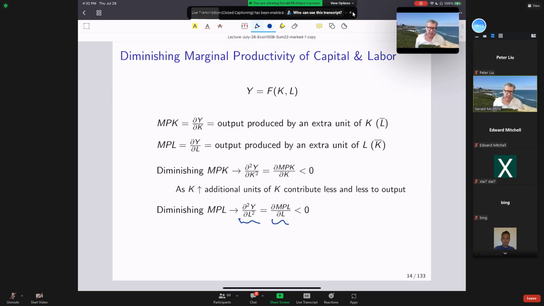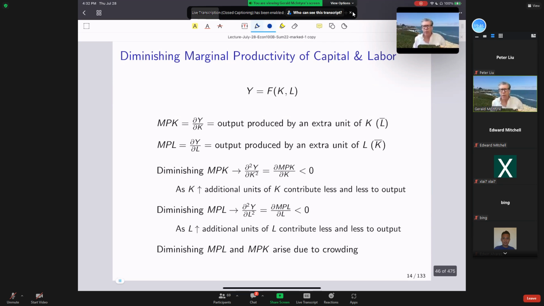So if you think of it this way, you have a fixed factory, a fixed number of machines, and more workers are being added. The machinery is being crowded by workers. More and more workers are trying to work on that fixed number of machines, and by crowding one another, they reduce one another's marginal productivity. Not through any fault of their own, it's just getting crowded there. And that's diminishing marginal product of labor.